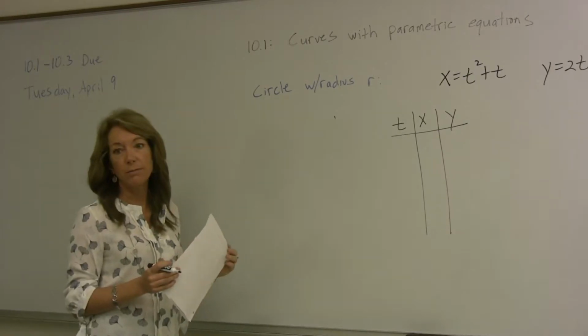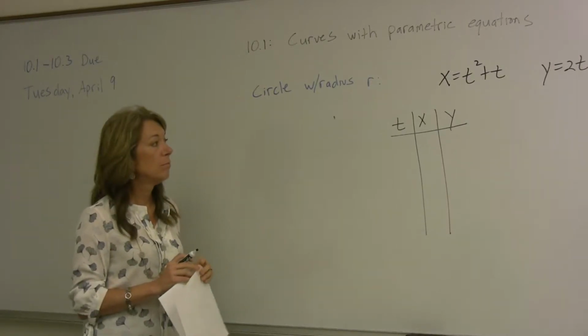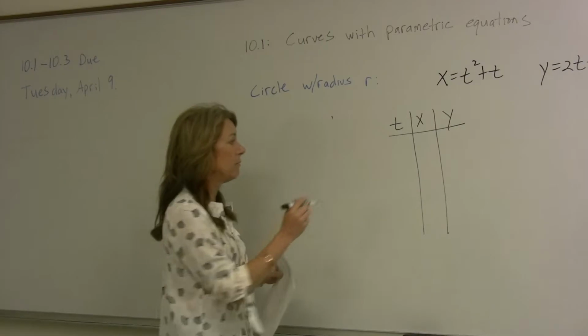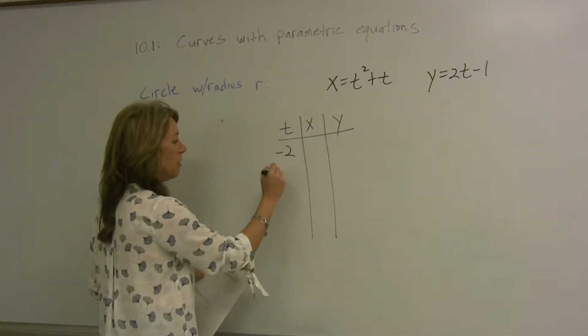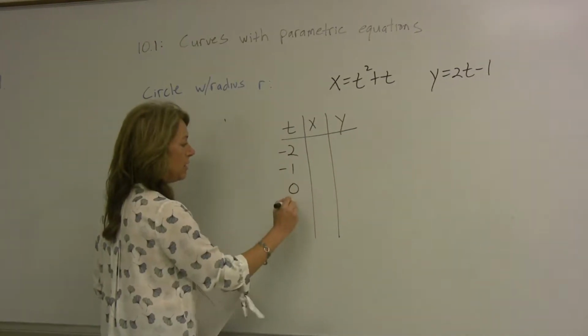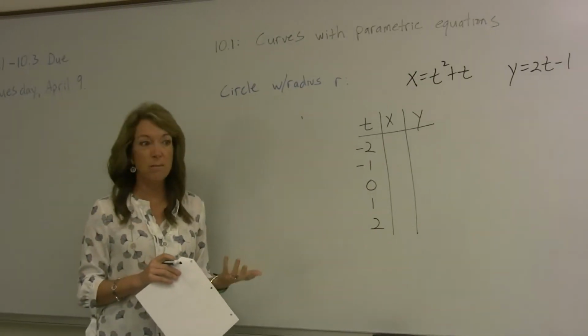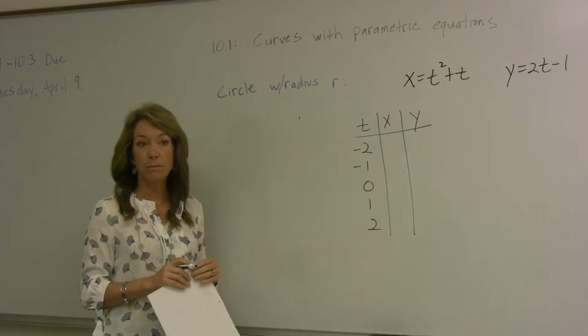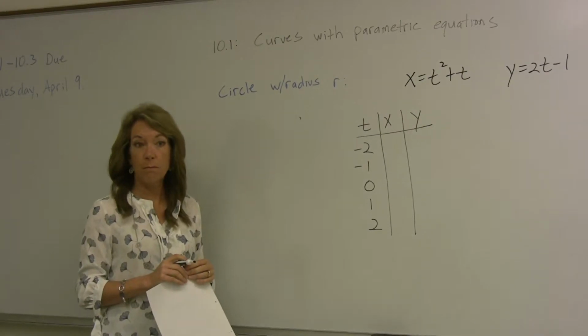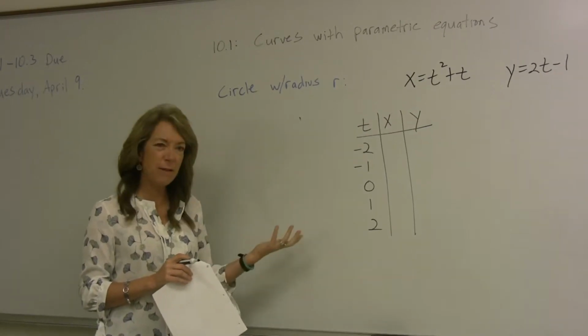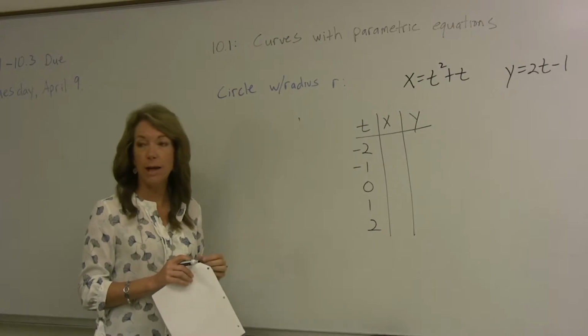So where do you want to start? Minus 2? Okay. Let's do minus 2, and we'll increase our t's by 1, from minus 2 to 2. We'll find out in a minute if that's a good starting point.